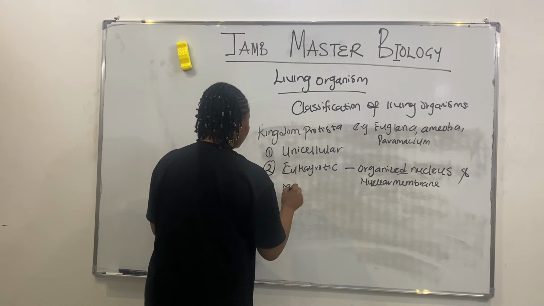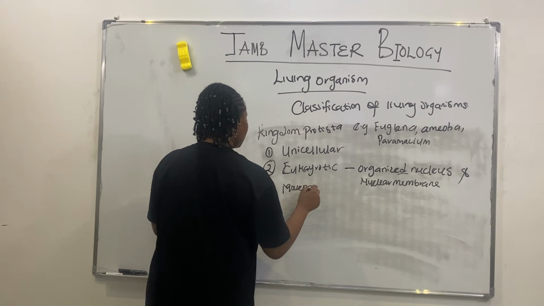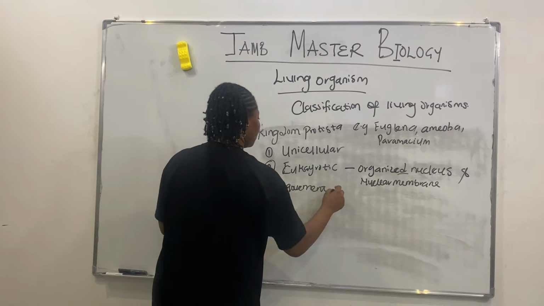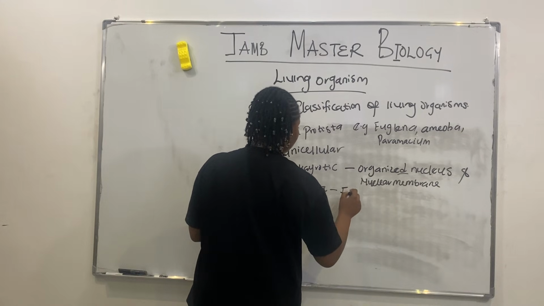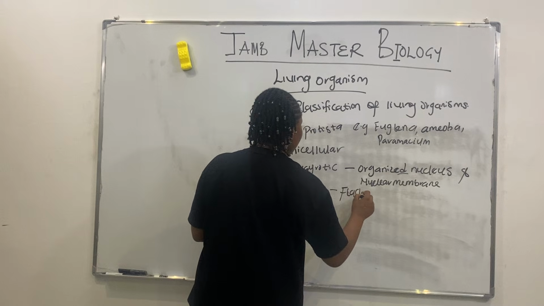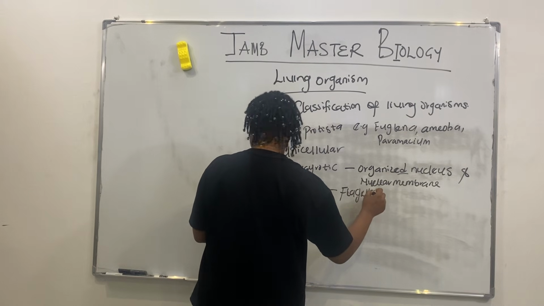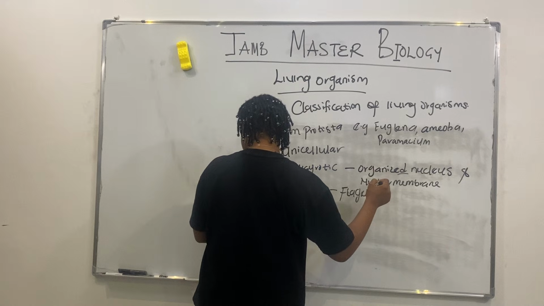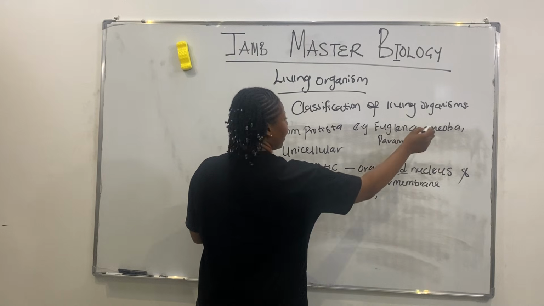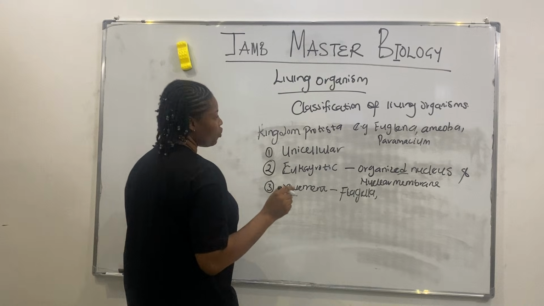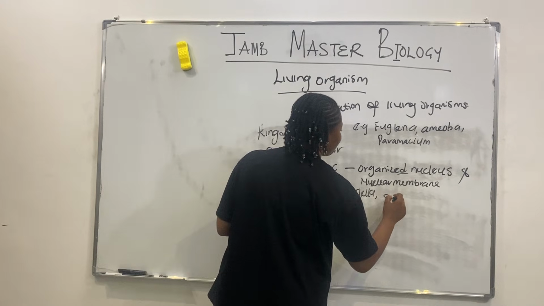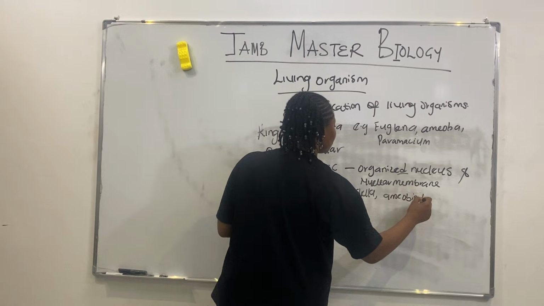The next thing to note is their mode of movement. Now, Euglena moves by flagella, not filaments. Amoeba, the movement of amoeba is called amoeboid movement.